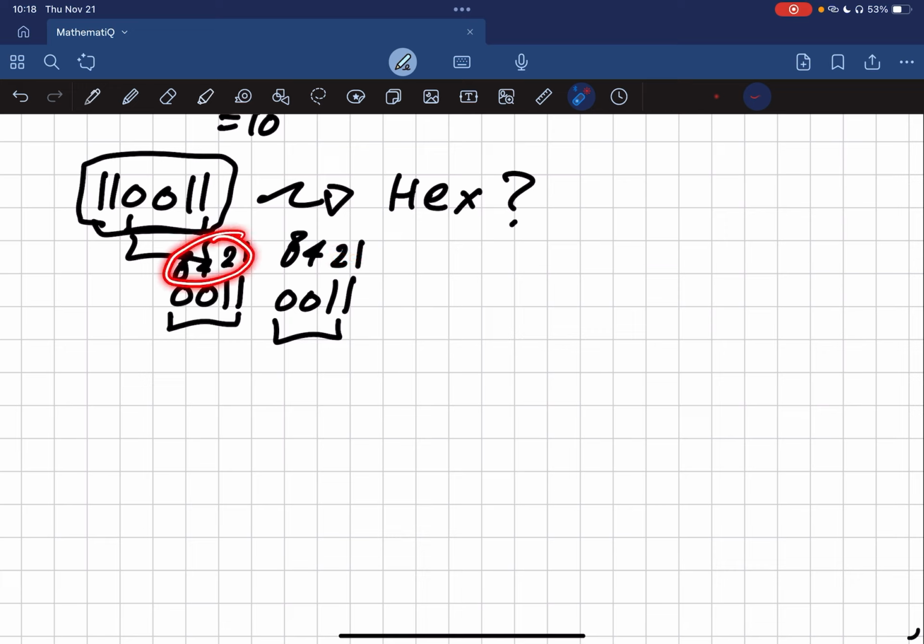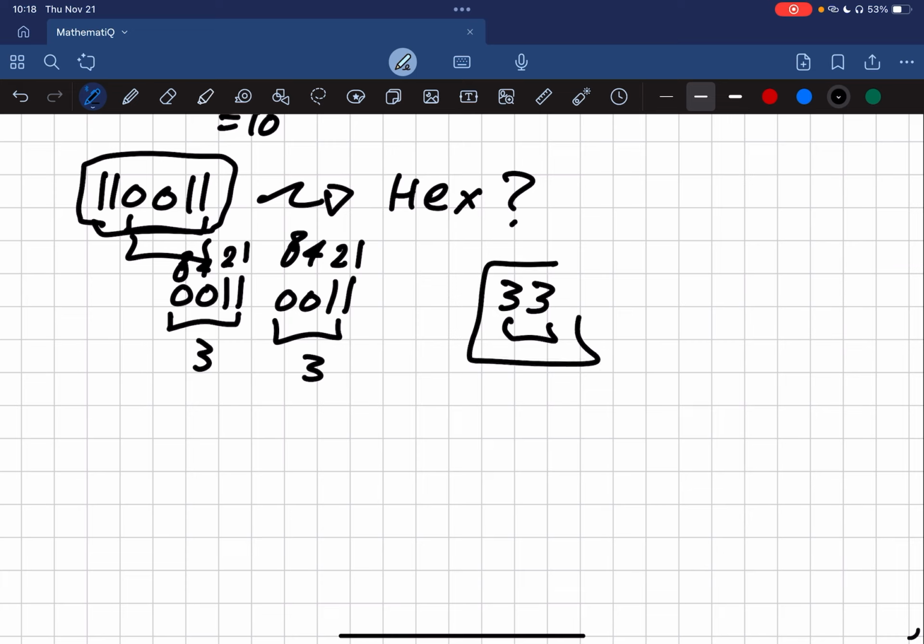We start over again for the next 4 binary bits. So here we have 3, and here once again we have 3, because we have 2 and 1, 2 and 1. And then just putting them together, you have 33. So this is our number in hexadecimal.